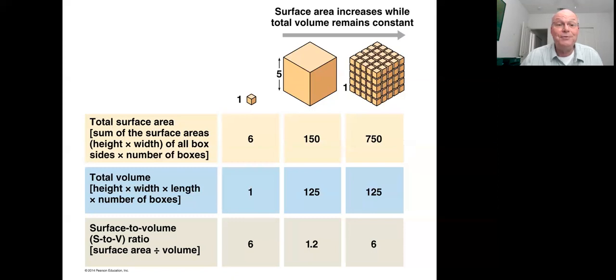We've got 125 of them in there. And so 125 times 6 is the surface area, and 125 times 6 is 750. That's the total surface area of all 125 1 cubic unit cubes inside this larger cubic mass.